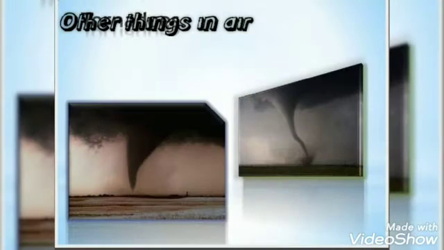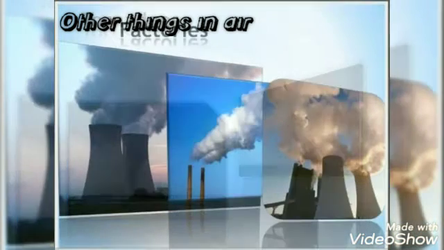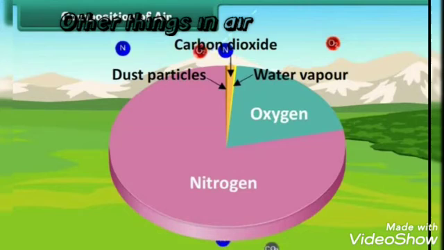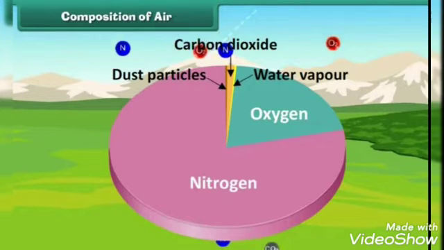Air also has dust and smoke. This also varies from place to place. The more the dust and smoke, the more polluted the air gets. Since all the components of air do not have any color, air is colorless and we cannot see it.